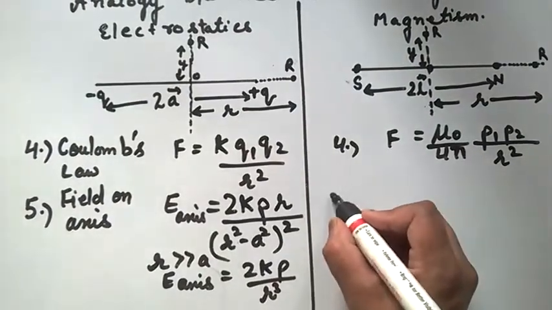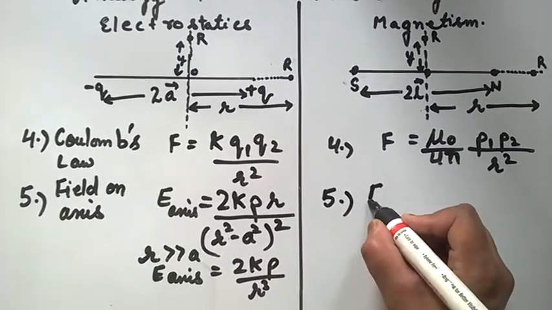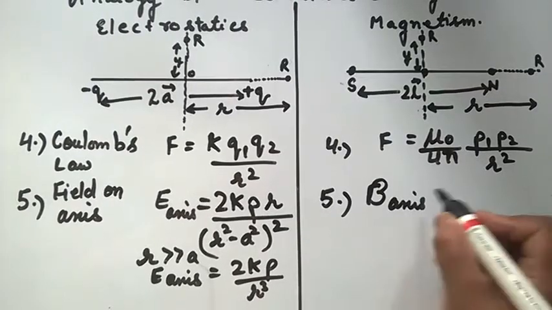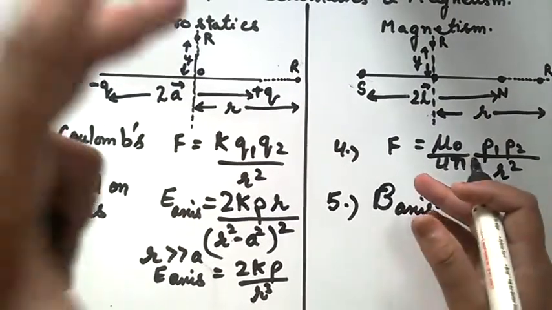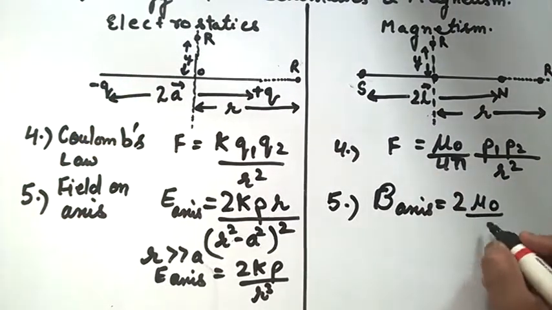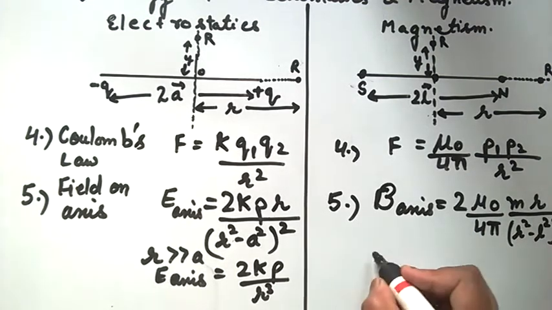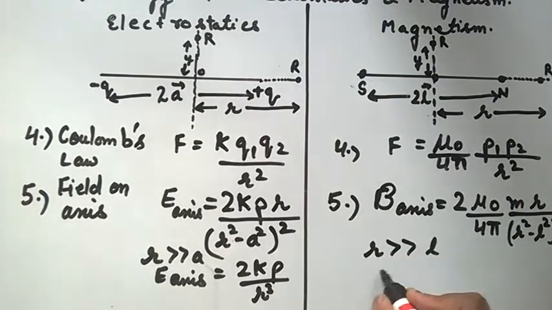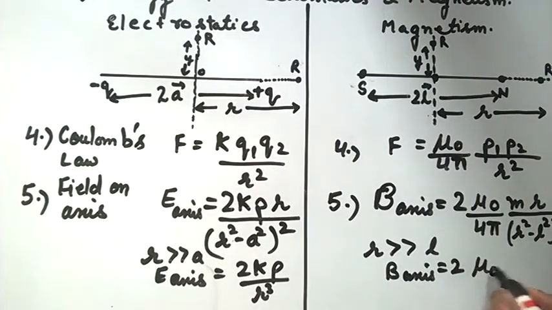Similarly, magnetic field on axis is given as mu naught by 4 pi into 2 magnetic moment m times r upon r square minus l square whole square. If r is very much greater than l, then B is equal to 2 mu naught m by 4 pi r cube.